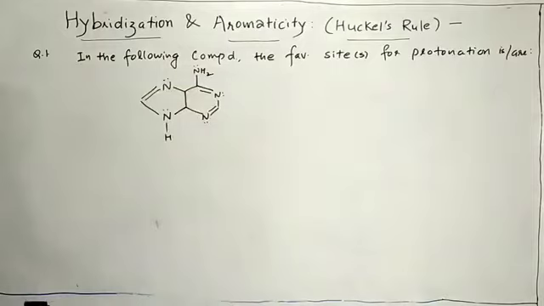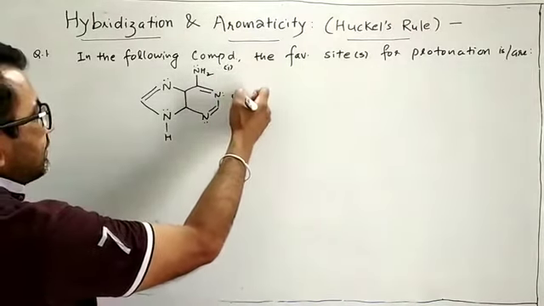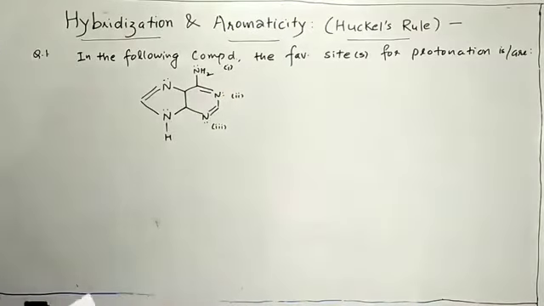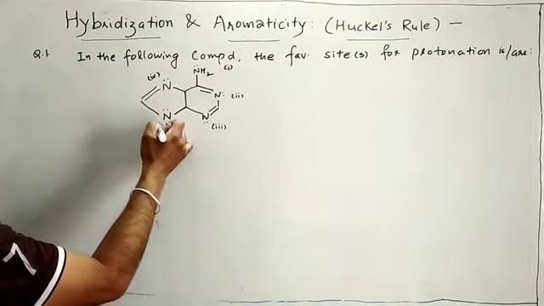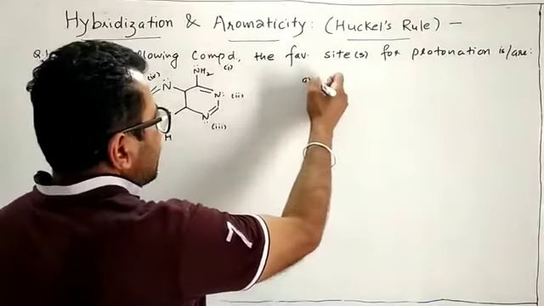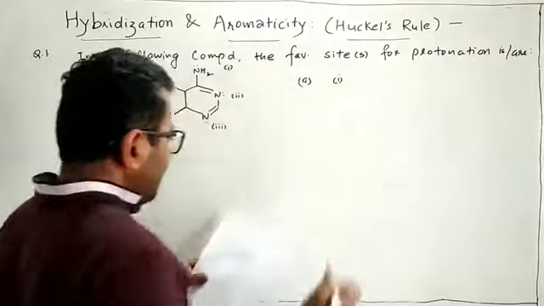This compound is given. So here there are a total of 5 nitrogen atoms. Each nitrogen atom is marked: this is number 1, this is number 2, this is number 3, this is number 4, and this is number 5. Options are: option A, 1.